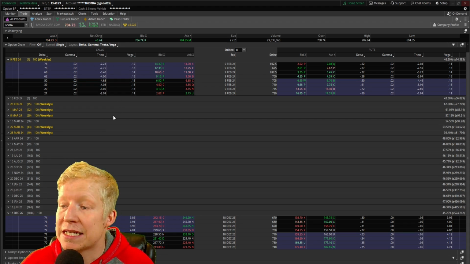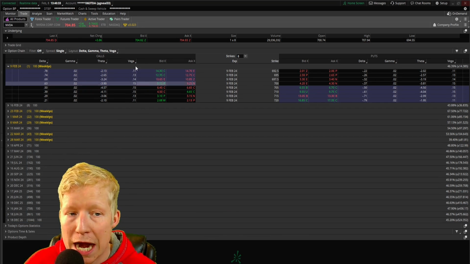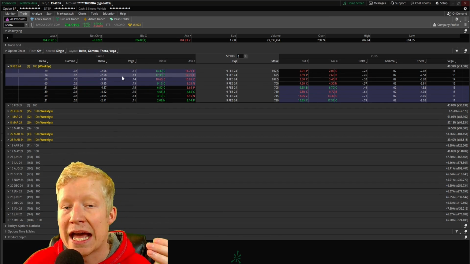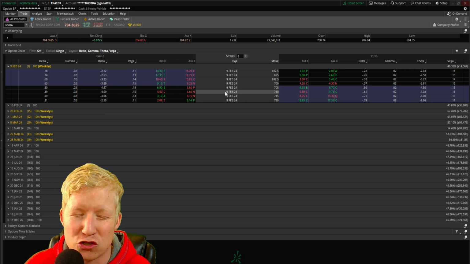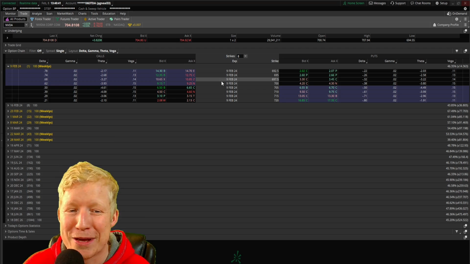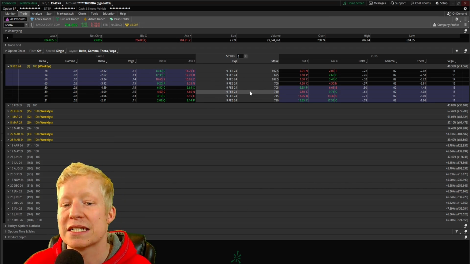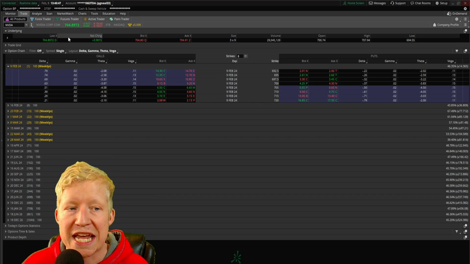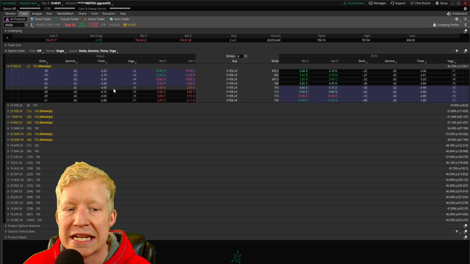It makes sense because as you get closer and closer to the option expiring, the extrinsic value of the option, and we're going to talk about extrinsic versus intrinsic value in just a second, is of course going to come down because there's just less time for the asset to make a large move, right? That's what theta decay is.